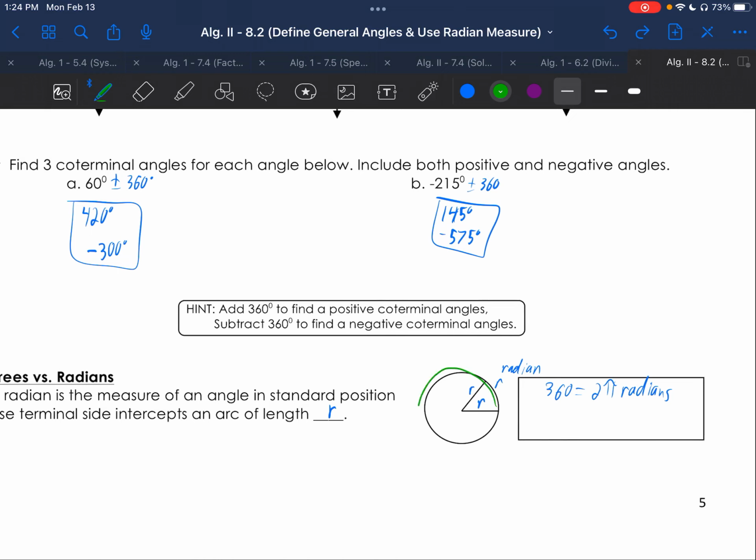And a full circle around is 360 degrees. So half of that, 180 degrees, would be half of 2 pi radians, so it would just be 1 pi, or pi radians. Radians is not something that we're multiplying. Radians is just another unit, similar to degrees.